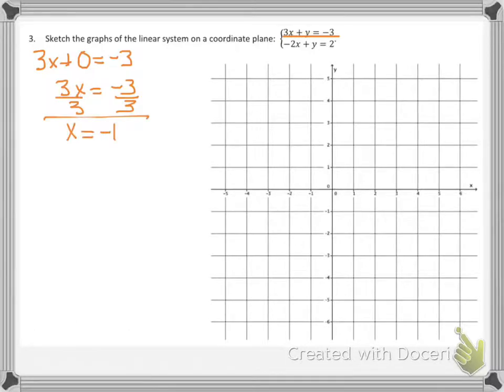So this line is going to cross the x-axis at -1. x -1, y 0. That means we don't go up or down at all. And then we will find the y-intercept by making x equal to 0. So 3 times 0 plus y equals a -3. And that just is y equals -3. So when x is 0, y is -3. That's my y-intercept. So there's one of the lines through there.